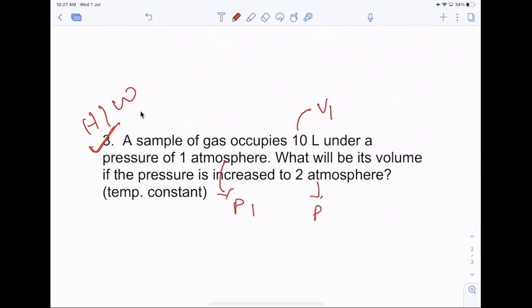This is P2. I'm just giving you the hints. P1, V1 is given, P2 is also given. You have to just calculate V2. So can you do it at home? Yes, ma'am.